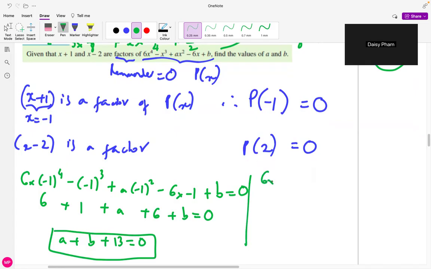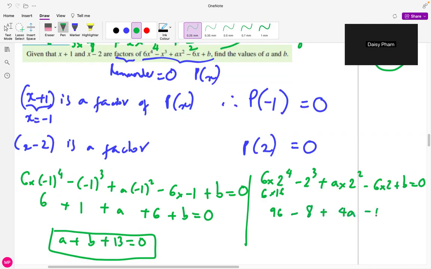Then you do the same for p of 2 equals 0, just sub 2 in. So it's 6 times 2 to the power 4 minus 6 times 2 cubed plus a times 2 squared minus 6 times 2 plus b equals 0. 2 to the 4 is 16, and 16 times 6 gives you 96, minus 48, plus 4a minus 12 plus b equals 0.